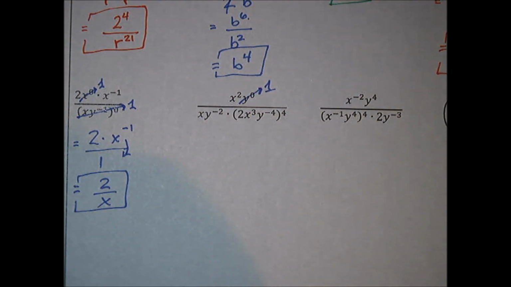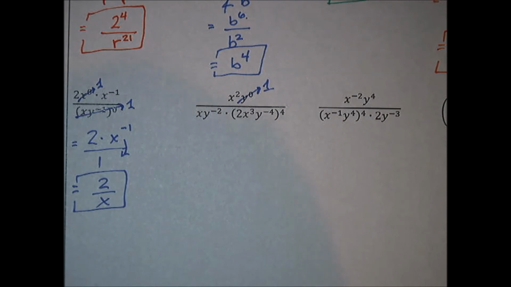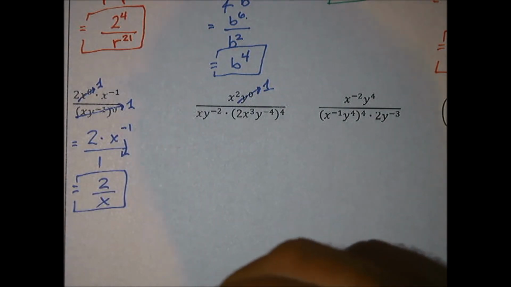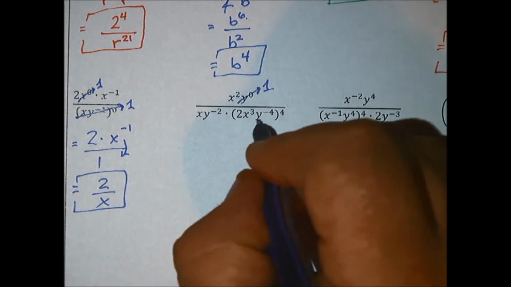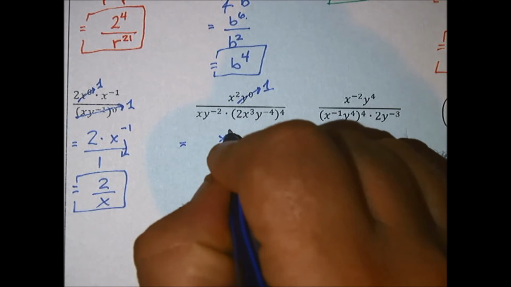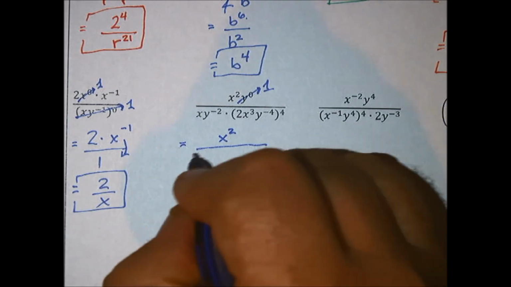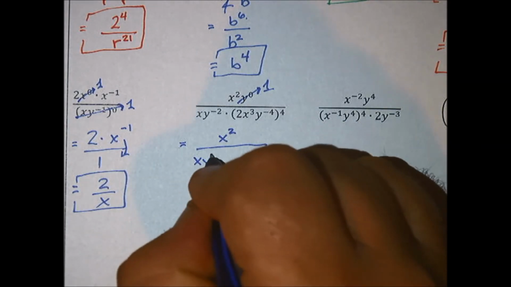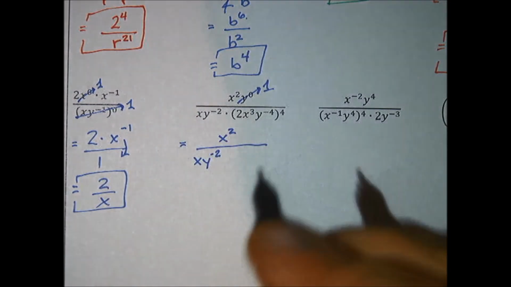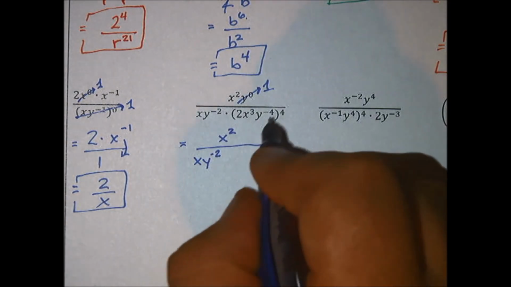The next step that I would say is that I'm probably going to get rid of these parentheses, and I'm just going to do one thing in this step. So let's just go x squared on top, xy to the negative 2. If you wanted to, you could move that up top right now, but I'm going to have a little more negative down here.